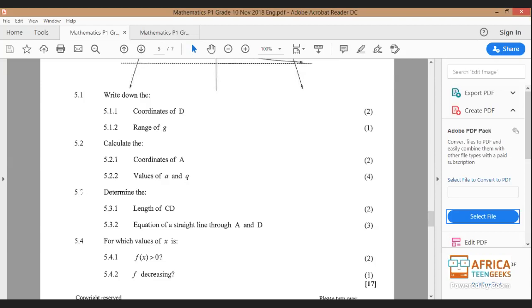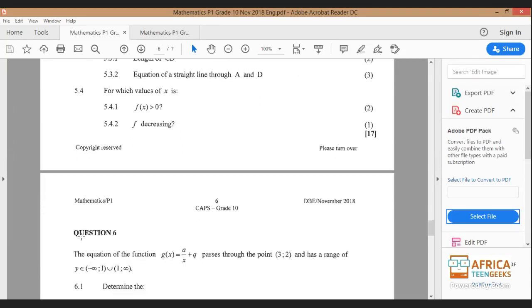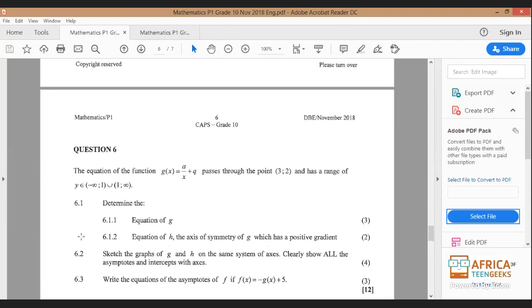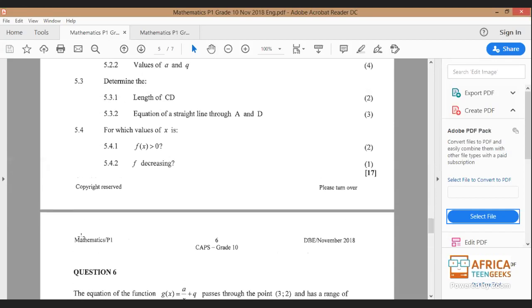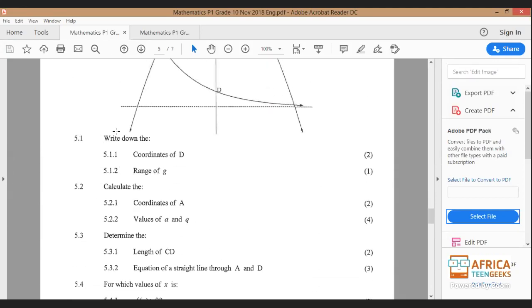So 5.3 and 5.4 and question 6 today. That's what we are looking at. The whole of question 6, we have to finish it today. Yeah, and 5.3 and 5.4. We did 5.1. I hope everyone still understands what we were doing in 5.1. Everyone still understands what we were doing in 5.2.